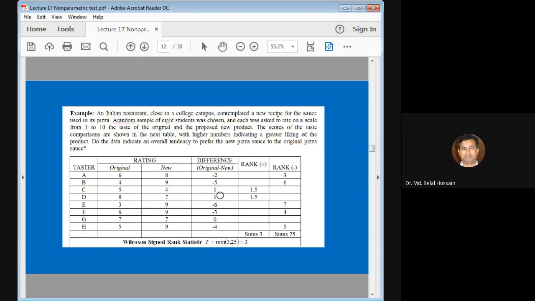So 1 is the first value, and we got 2 ones. We put the first one rank 1, and second one rank 2. The rank would be, for these two cases, the average of it. 1 plus 2 is 3, 3 divided by 2 is 1.5. 1.5 should be attributed to the tied observations.